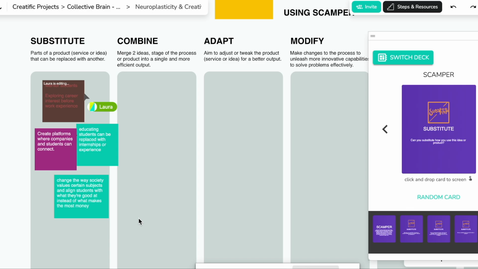Or exploring career interests before work experience, so it's something that you should do before sending someone to have work experience with a company, no? So like looking for a good fit. Mm-hmm. If you know what the interests of this person are, maybe you can talk with the company and say, I have someone who wants to work with you, so you give them a chance, or kind of a previous step.